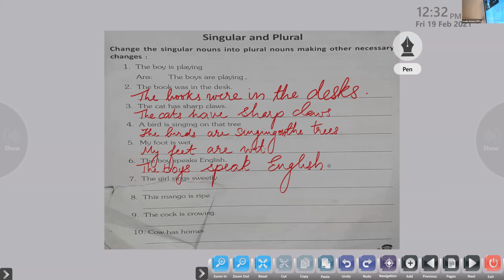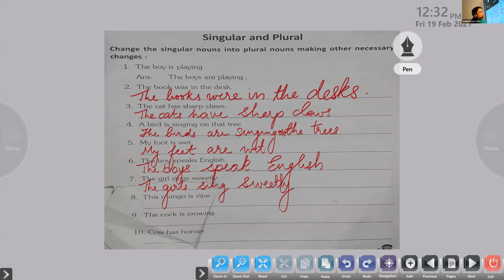Subject verb agreement. The girl sings sweetly. So if we change the girl into girls, what will we do? Sings will change into sing. The girls sing sweetly. This mango is ripe.